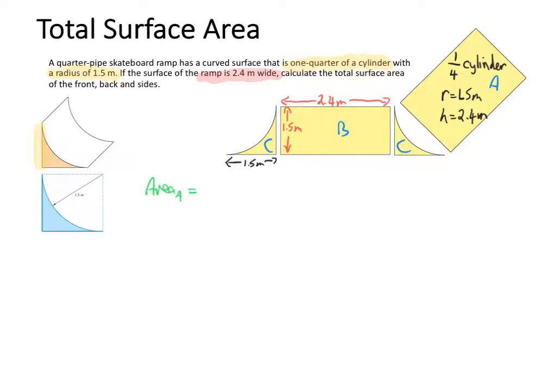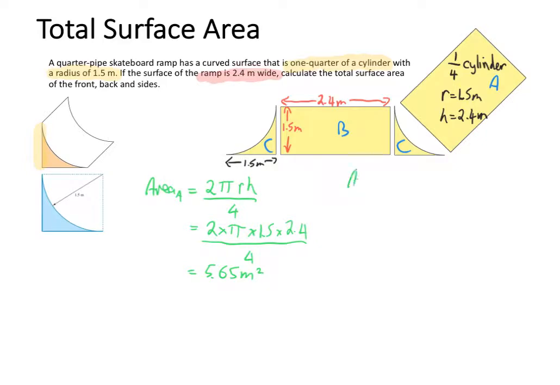So the area of the side of my cylinder is going to equal 2 times pi times radius times height, and I need to be dividing that by 4. So substituting in my values, 2 times pi times 1.5 times 2.5, and then dividing that by 4. So the area of the front of my skateboard ramp is going to equal 5.89 meters squared.